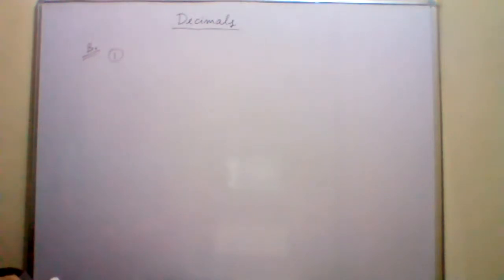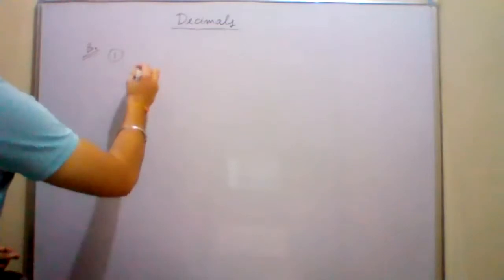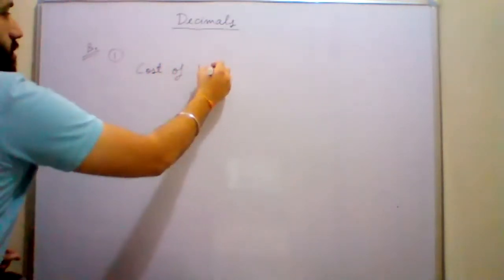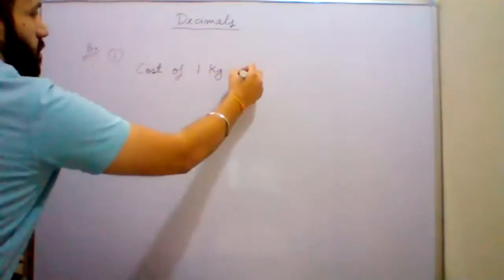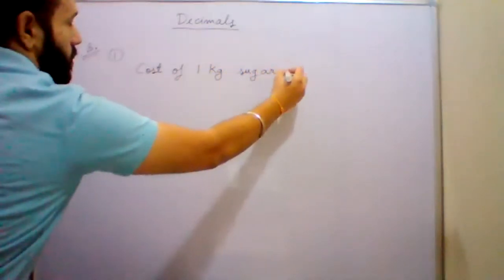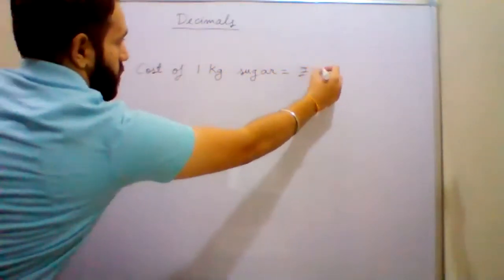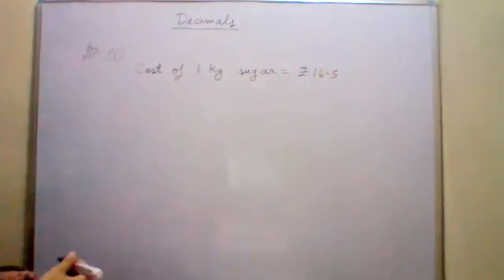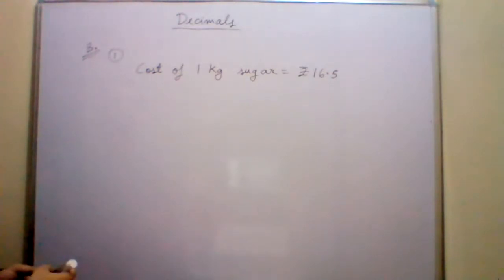If 1 kg of sugar costs rupees 16.5, then how much will 3.5 kg cost? Cost of 1 kg sugar is given, this is equal to 16.5. You have to tell what is the cost of 3.5 kg.